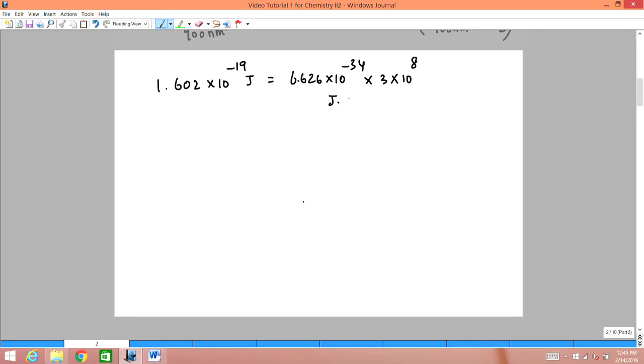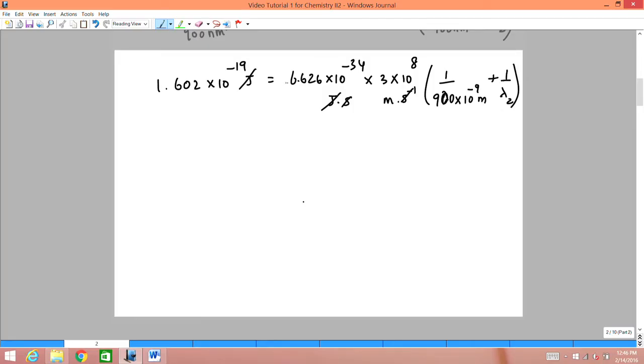This is joule second and this is meters per second, and the joule and joule will go away, the second and second will go away, and what you have is 1 by 900 nanometers, which is 900 into 10 to the minus 9 meter, plus 1 by lambda 2.